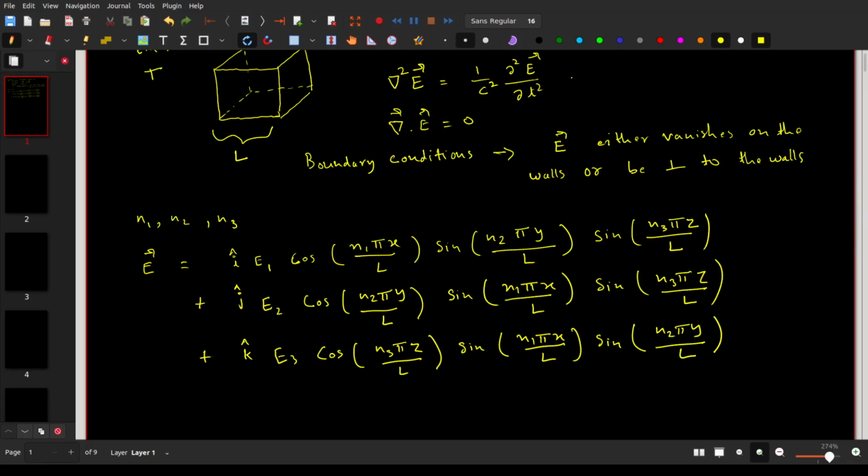So this wave equation is satisfied by this type of solution.